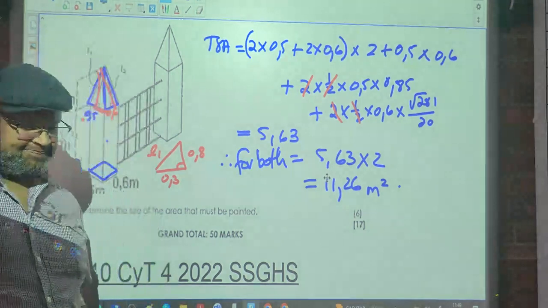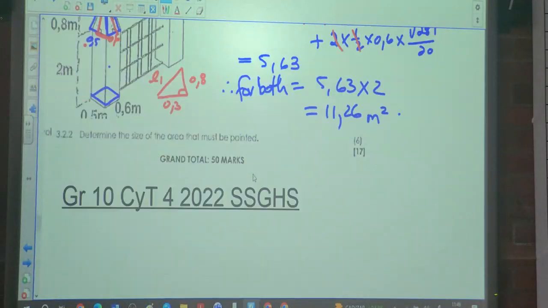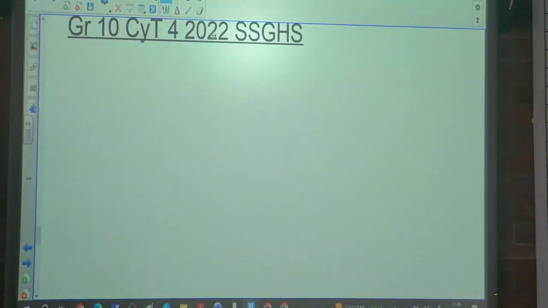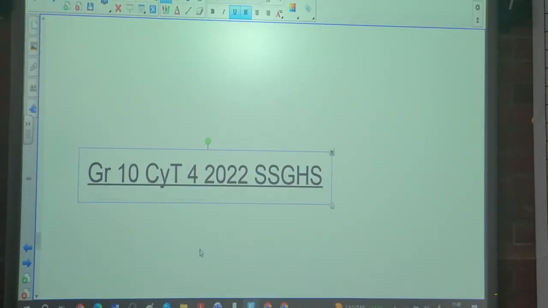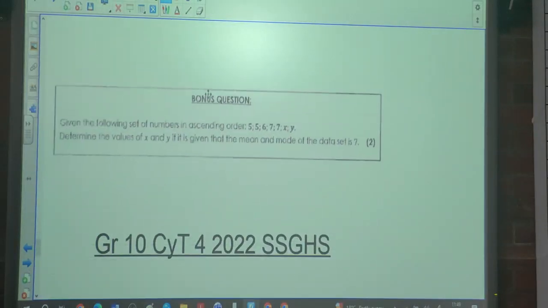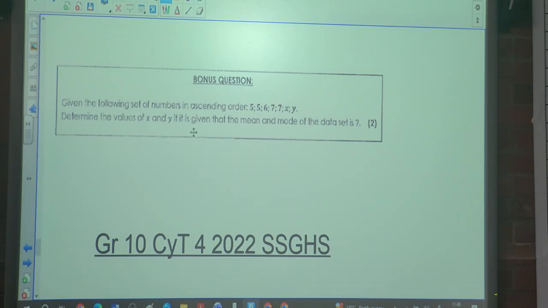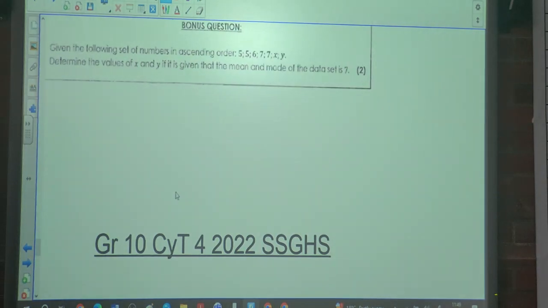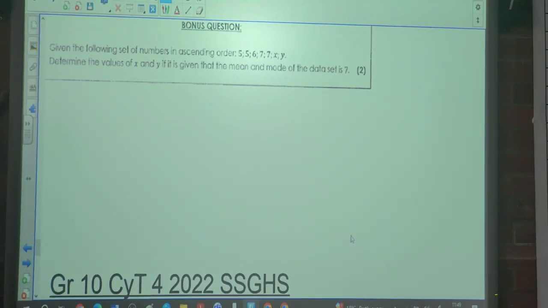Sorry about that. Again, I didn't set this paper. So here again we are given the following set of numbers in ascending order. Ascending means smallest to biggest.